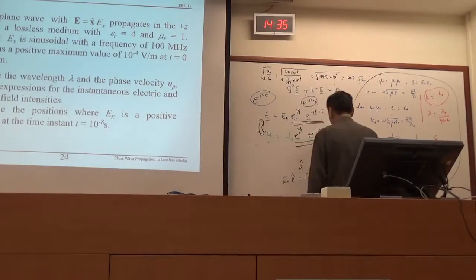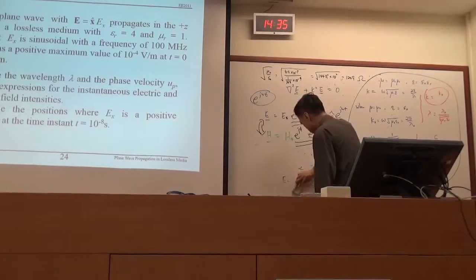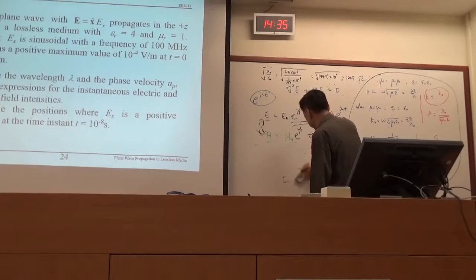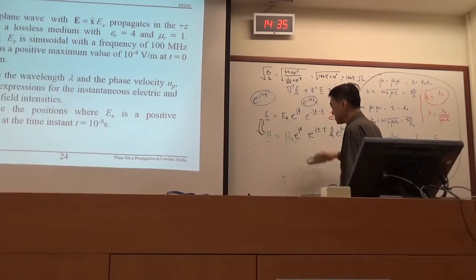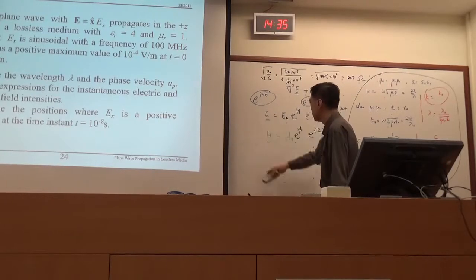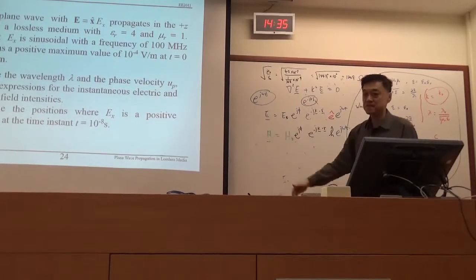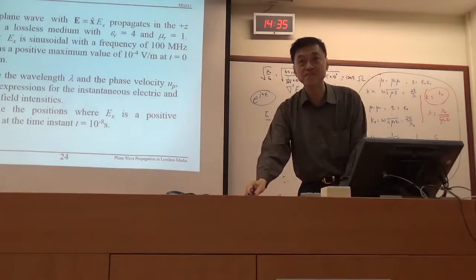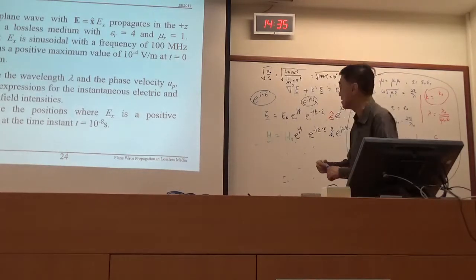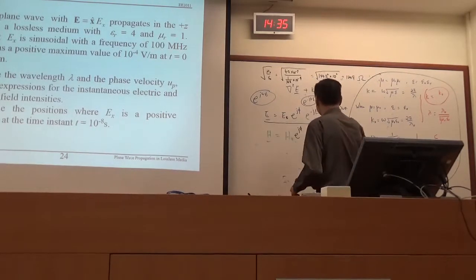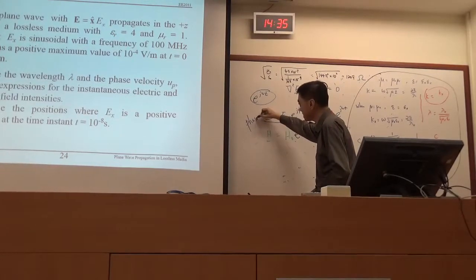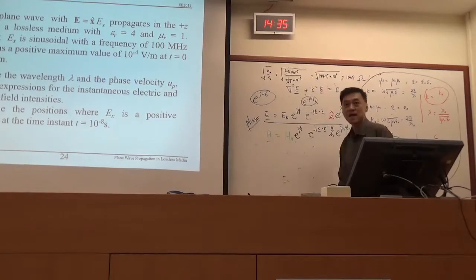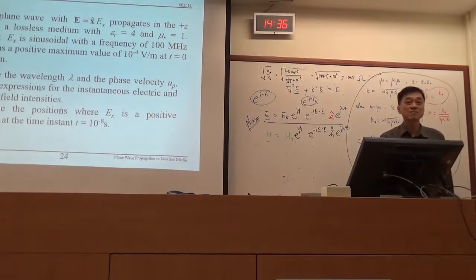You learned that in first year, right? This is what we call the phasor. But you remember phasor form and instantaneous form? This is what we call phasor form. And what is instantaneous form?